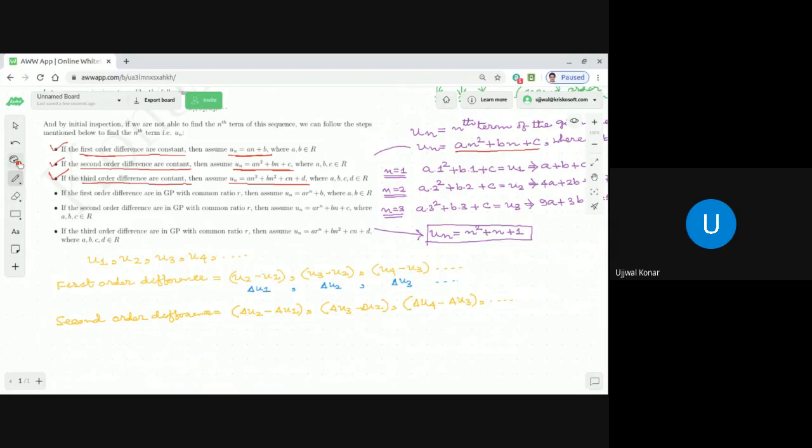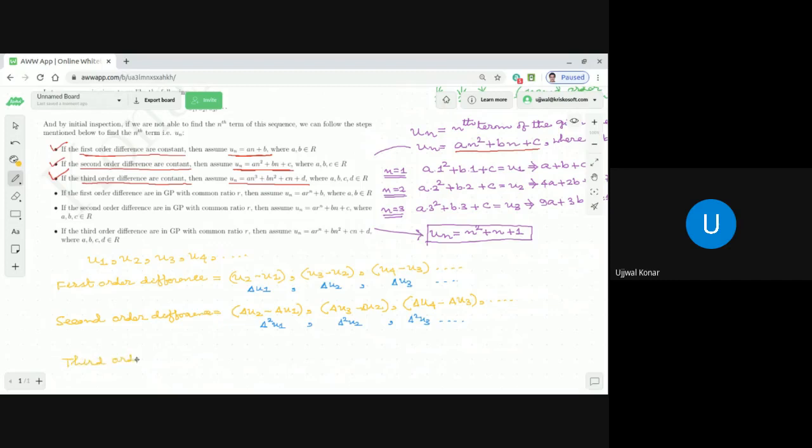So we can give delta u2 minus delta u1 as delta square u1, delta u3 minus delta u2 as delta square u2, delta u4 minus delta u3 as delta square u3. Correct, dear students? Then what are we going to find? We are going to find the third order difference.